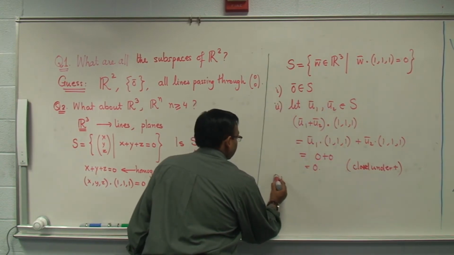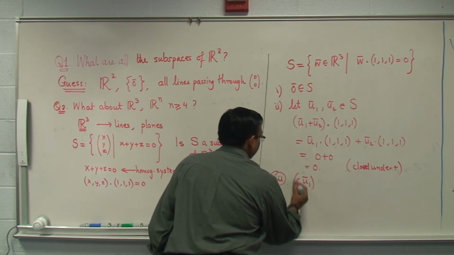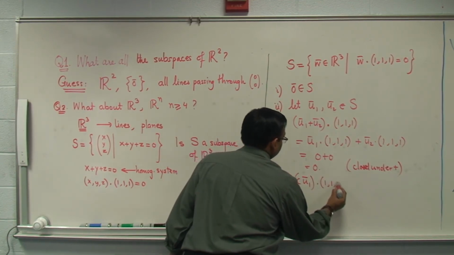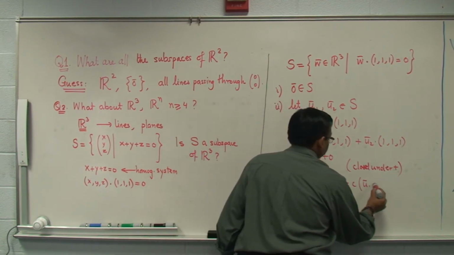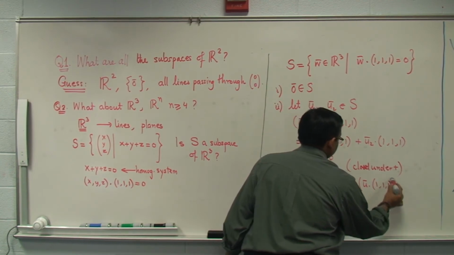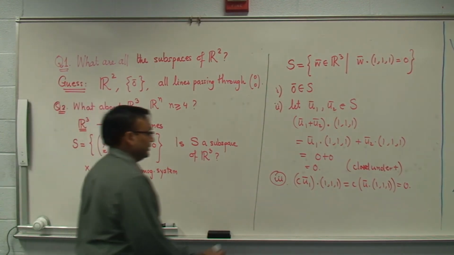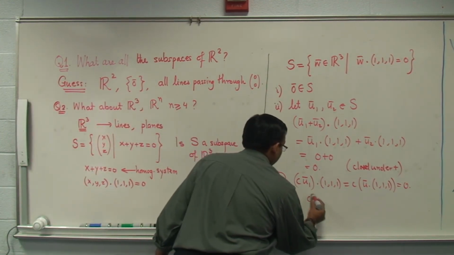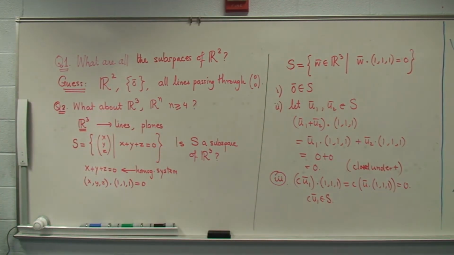And definitely we can check it for scalar multiplication also. If I take c times u1 and dot it with the vector 1, 1, 1, I can write it as c times u1 dot 1, 1, 1, which is 0. So c times u1 is orthogonal to the vector 1, 1, 1, and hence it is in the set S. So under both operations, the set S is closed, and hence S is a subspace of R3.